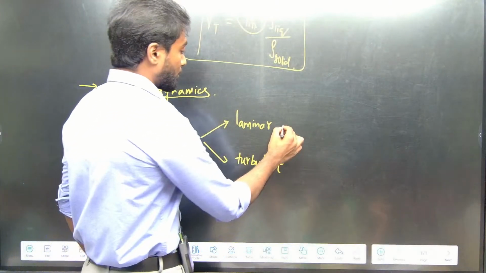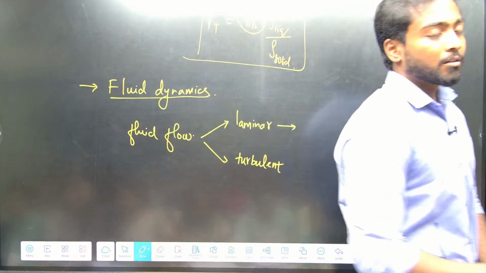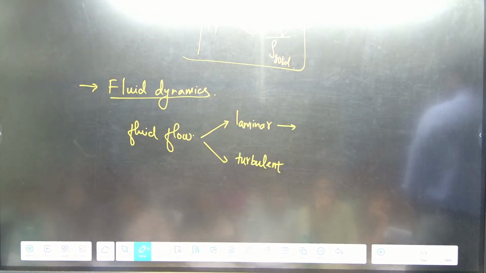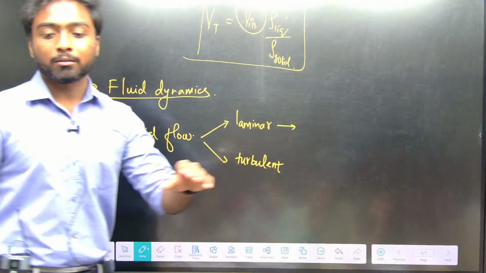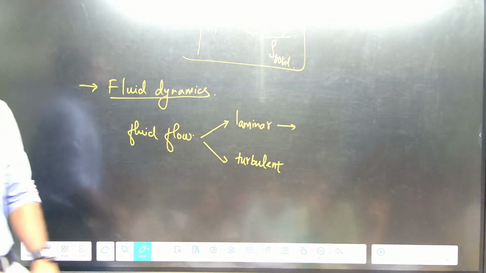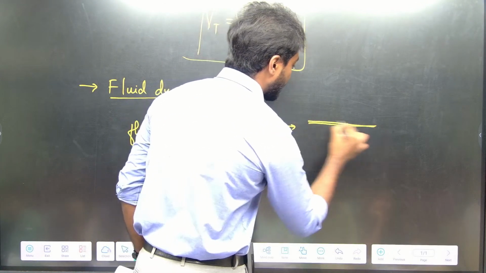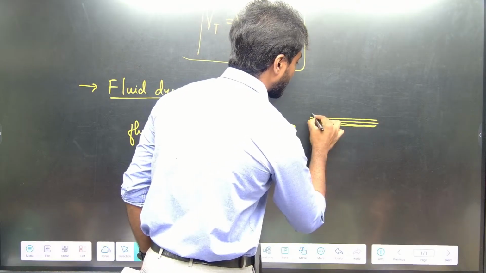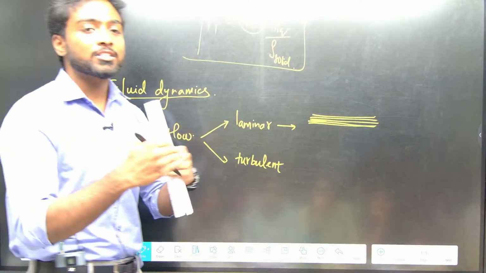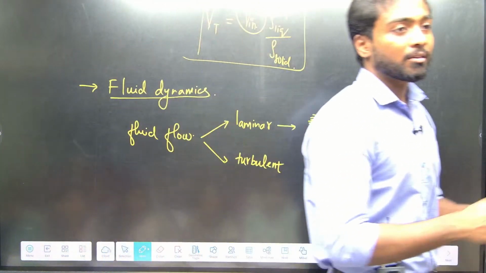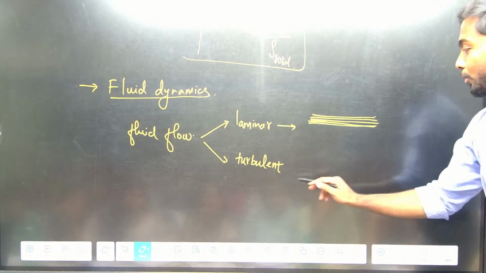So laminar flow is nothing but, listen, when a fluid is flowing, it will flow layer by layer. For example, the first layer is there, second layer, third layer, fourth layer, fifth layer, okay. Like there is no disturbance between the fluids, first layer, second layer and third layer. But when I talk about turbulent flow, it is zigzag.